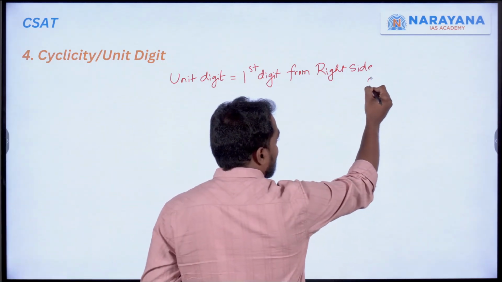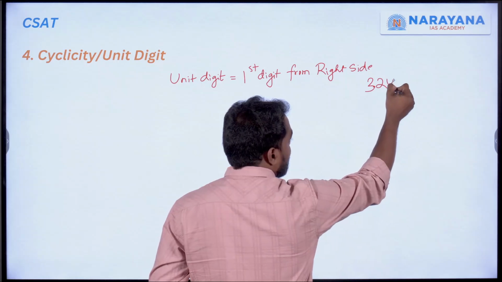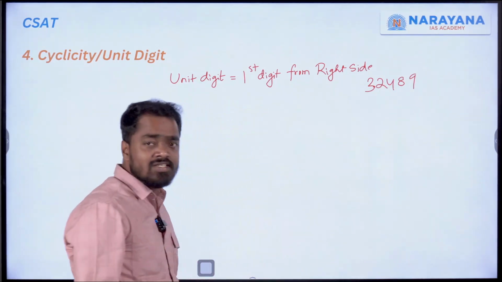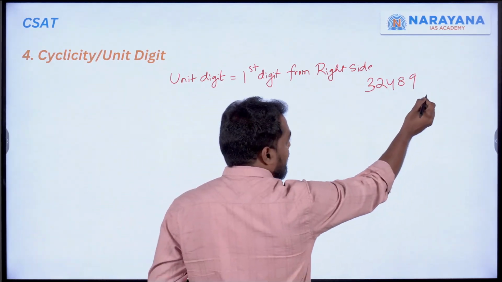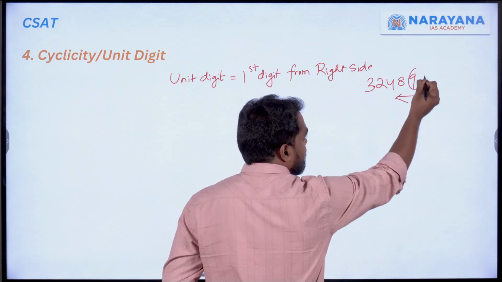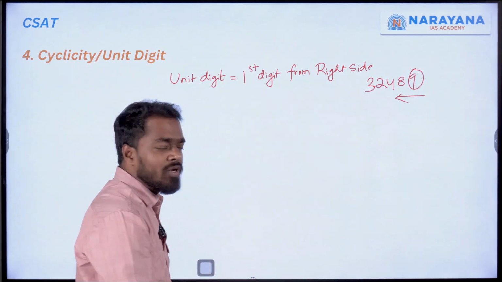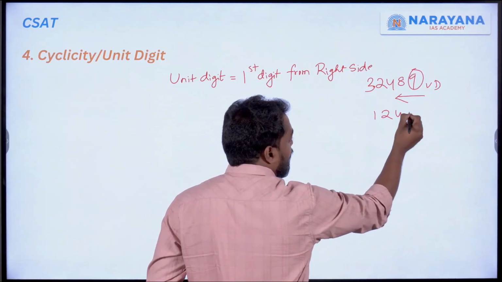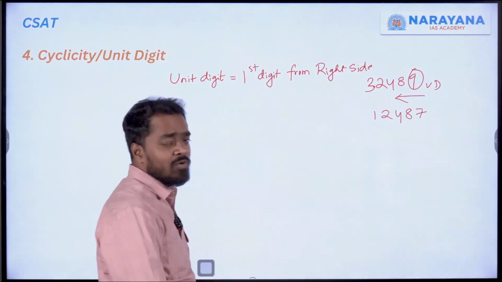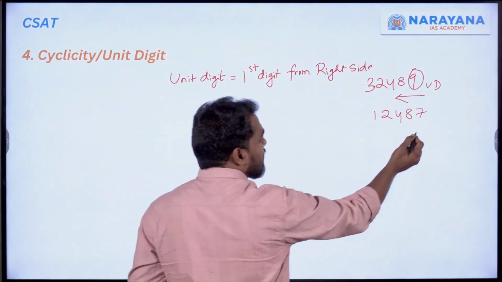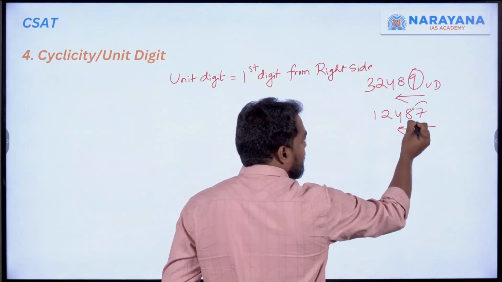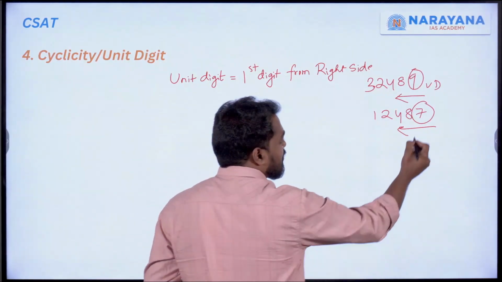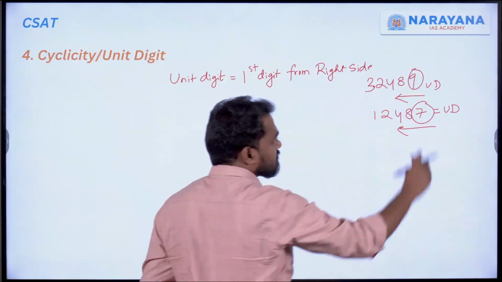Simple one. For example, if you take a number 32489, what is the unit digit? From the right side, the first digit. So 9 is your unit digit. If you take an example 1247814124 87, what is the unit digit? From the right side, the first digit is your unit digit.